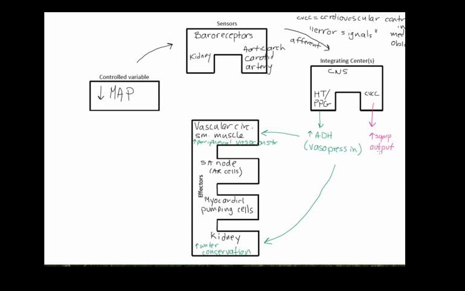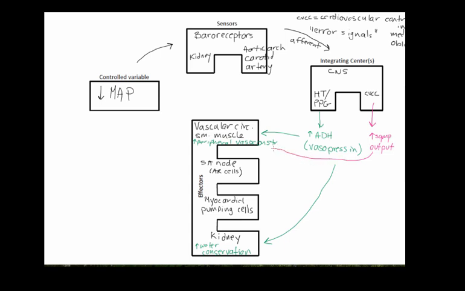So you guys will recall we've got norepinephrine from sympathetic neurons and epinephrine from the adrenal medulla. So where do we have receptors for epinephrine and norepinephrine? And that would be adrenergic receptors. Well, we know that we have adrenergic receptors on blood vessels.